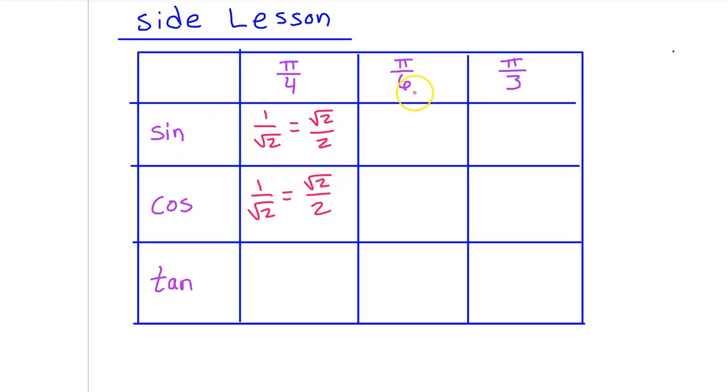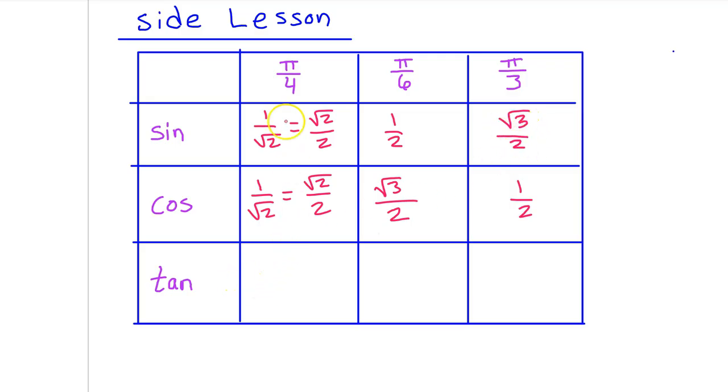The sine of pi over 6 is 1/2, and the cosine of pi over 6 is radical 3 over 2. When we get to the sine and cosine of pi over 3, we simply reverse these. So the cosine of pi over 3 is 1/2, and the sine of pi over 3 is radical 3 over 2.